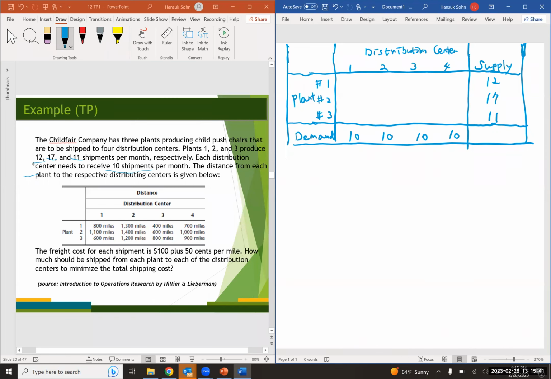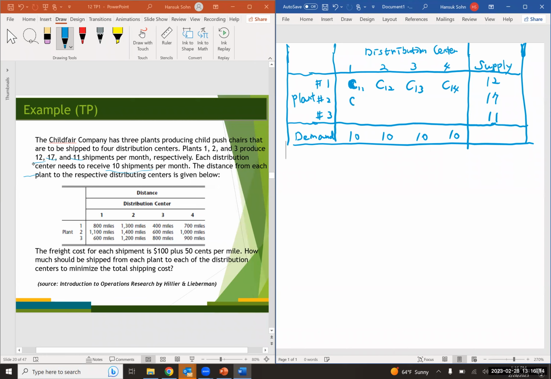Okay, so let's call this A. No, why don't you just use C sub 1,1? That'll be more straightforward. So let's call this C sub 1,1, C sub 1,2, C sub 1,3, C sub 1,4.